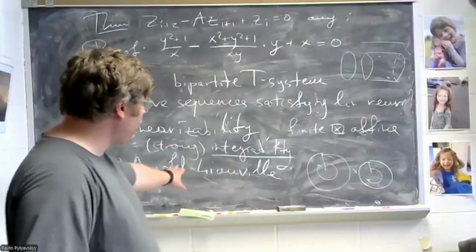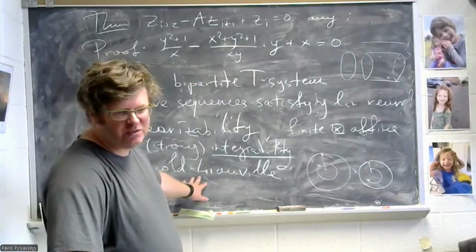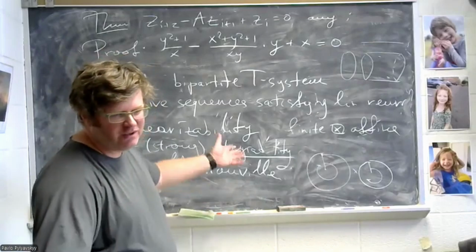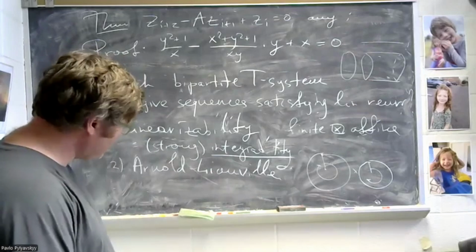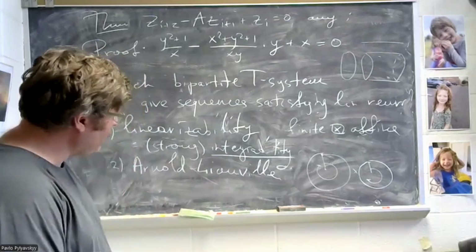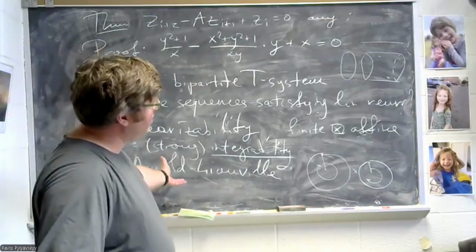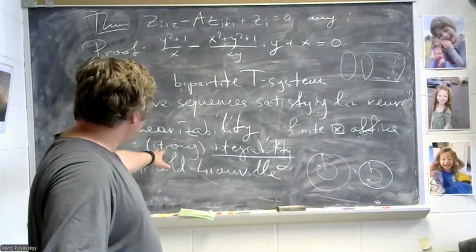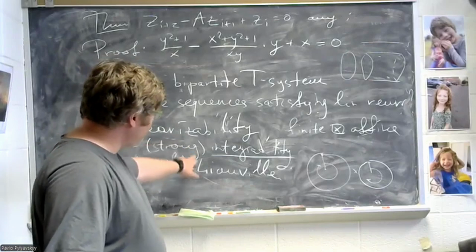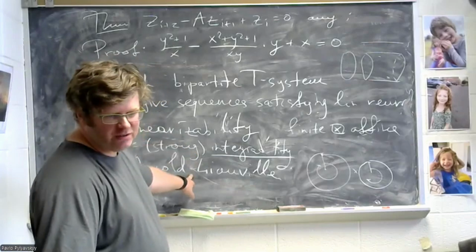But it's a whole science. It's impossible to describe here. It's a whole area of mathematics. But one conjecture would be that everything which is integrable in this sense is also integrable in this sense.